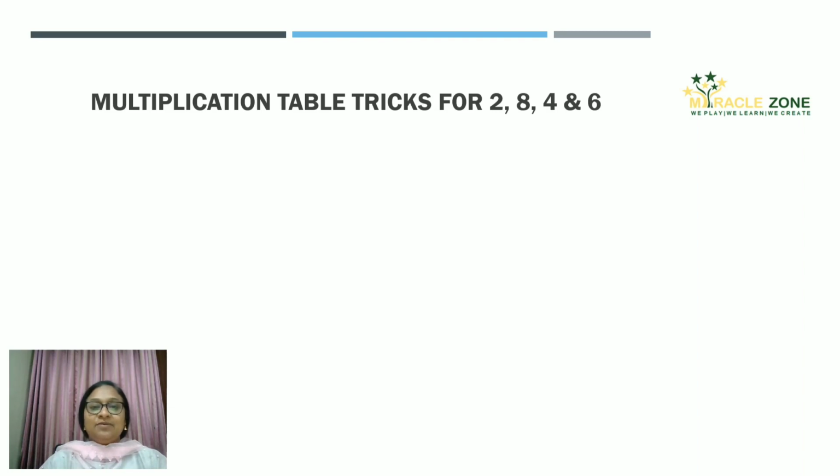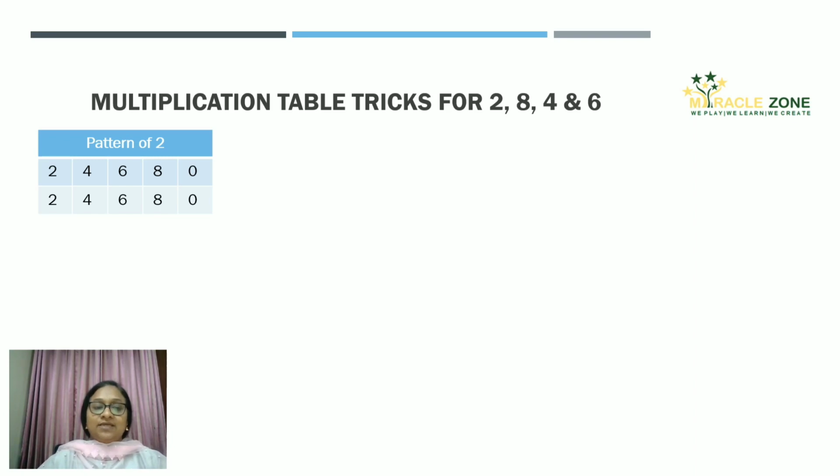Now we will see the patterns for 2, 4, 6 and 8. The 2 and 8 patterns are similar, so we will look into the 2's table first. If you see the unit place for 2's table, it is 2, 4, 6, 8, 0.